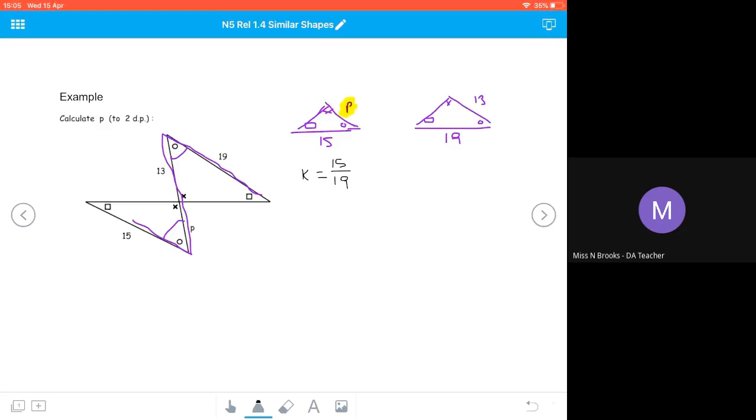And then to work out p, I'm going to take my 15 over 19, I'm going to multiply it by 13. Now 15 times 13 is 195 over 19.